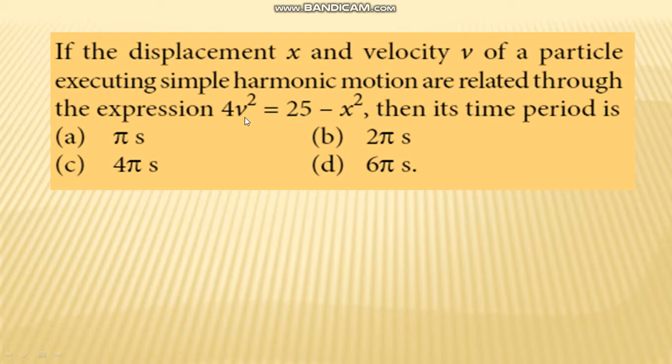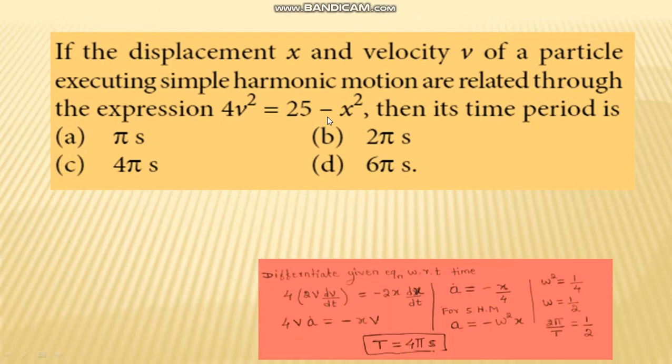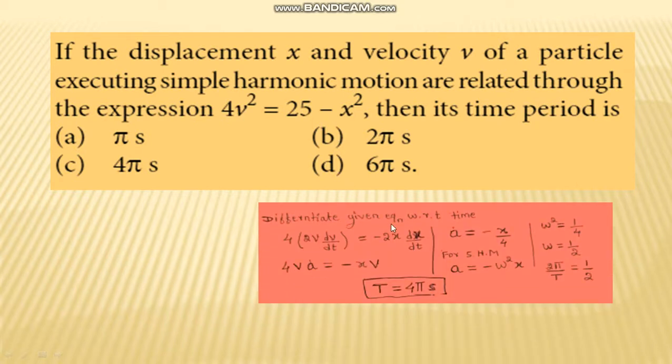We are going to differentiate this and convert this formula into the form of acceleration. Differentiating the given equation with respect to time, we get v, and on this side dx by dt. dx by dt means v. So v cancels, dv by dt means a. So we get a is equal to minus x by 4.